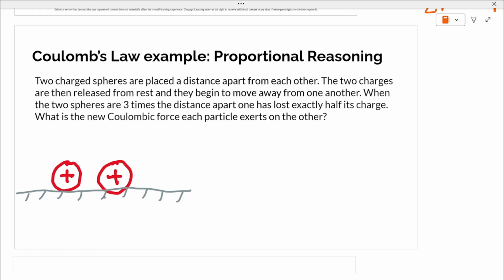And now they're both going to feel a repulsive force away from each other. And the two forces are equal and opposite according to Newton's third law.